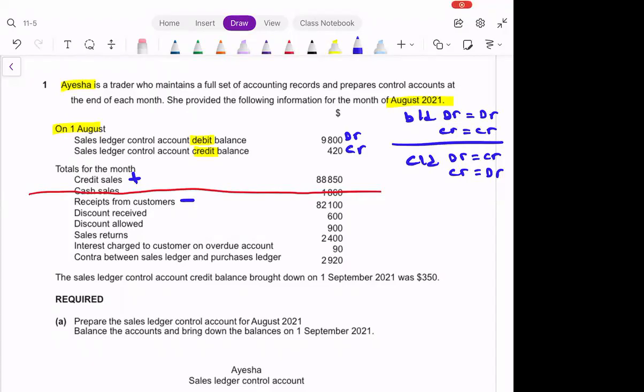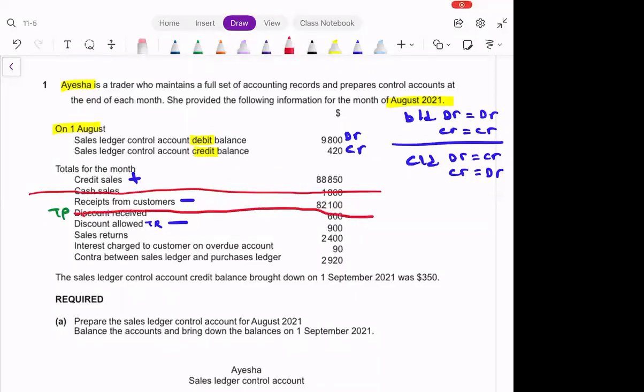Discount allowed is related to trade receivable, so the balance will be reduced. But discount received is related to trade payable. Trade payable is your supplier. Anything related to trade payable, no need to record in a sales ledger control account.